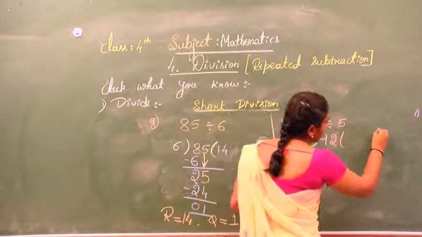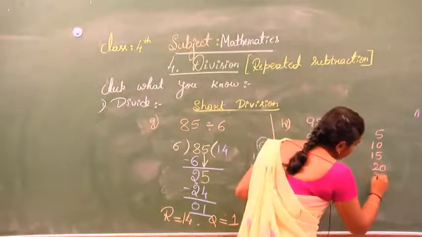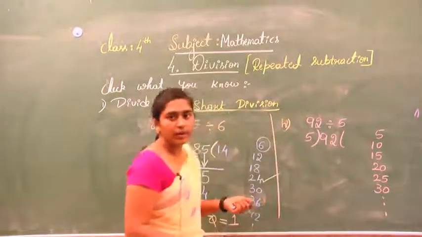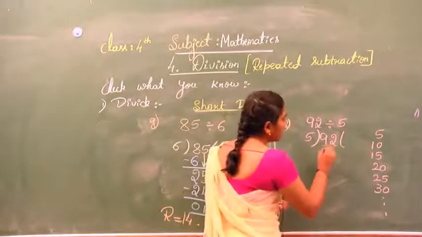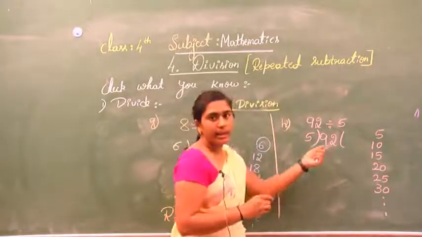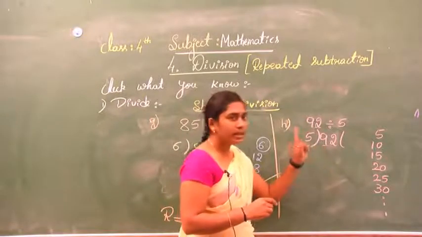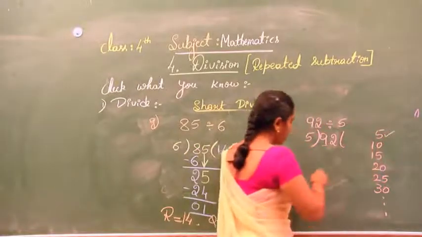Yes, write the tables on one side so that you can compare. First number, if you observe, 92. First number is 9. Is there a 9 in the 5 table? It is not there, right? Which is nearer to 9 and less than 9, which is 1.